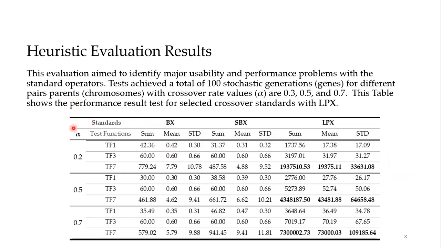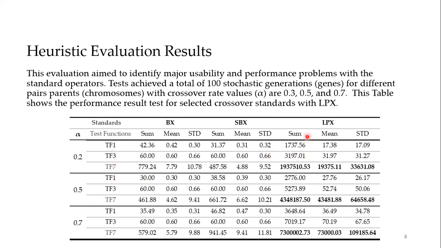So we said that with 100 samples or 100 genes, we have alpha 0.2, 0.7, 0.5, 0.7, and we have TF1, TF3, TF7.